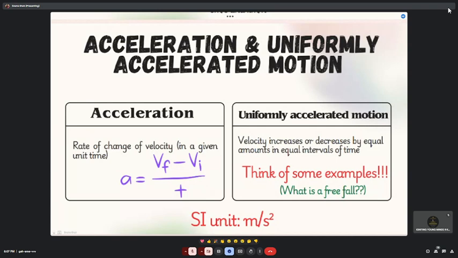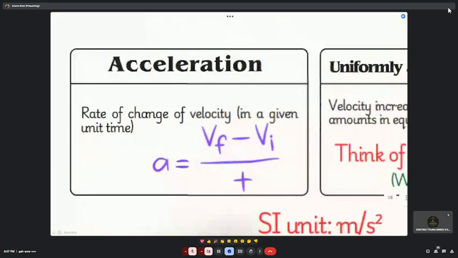So theoretically, acceleration is rate of change in velocity, that is in a given unit time. That is, Vf is final velocity minus Vi is initial velocity upon time taken. This is basic theory. Change in velocity. That means the change in speed.